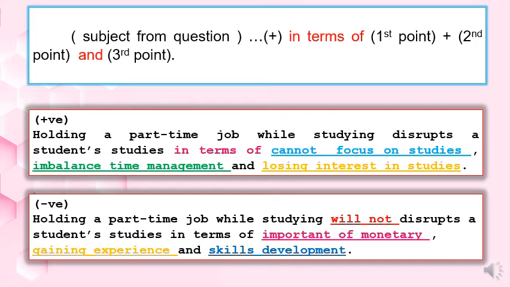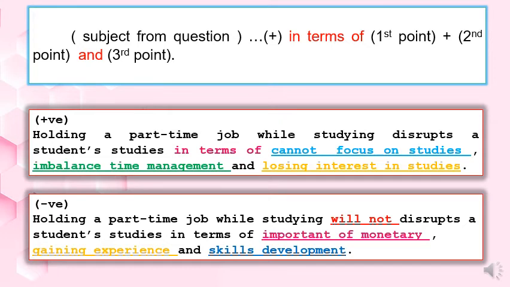Then if you are against the statement, if you did not agree with the statement, this is how you do it. And remember, once again, don't forget the magic words. Okay, now we proceed. Holding a part-time job while studying will not. Okay, remember, this is the magic word if you did not agree with the statement, that is, will not. Will not disrupt a student's studies in terms of importance of monetary, gaining experience and skills development.